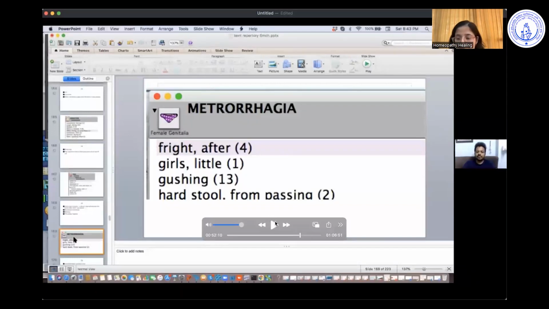I hope everyone is getting to learn something, going through the pages of Kent repertory. People in the auditorium or the classes, are you getting to learn something? Okay. We'll just have 10 more minutes or some more rubrics, and we'll start with some cases.